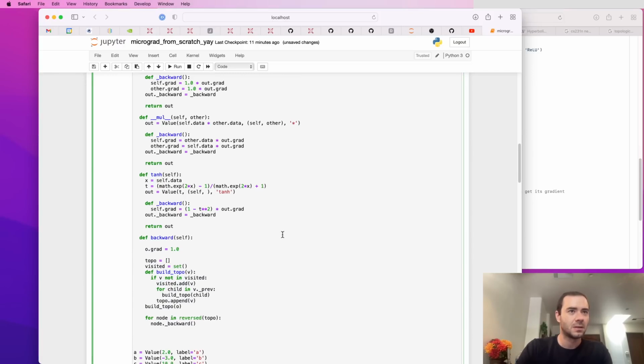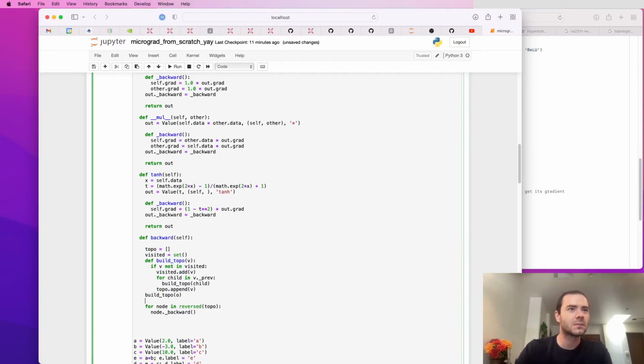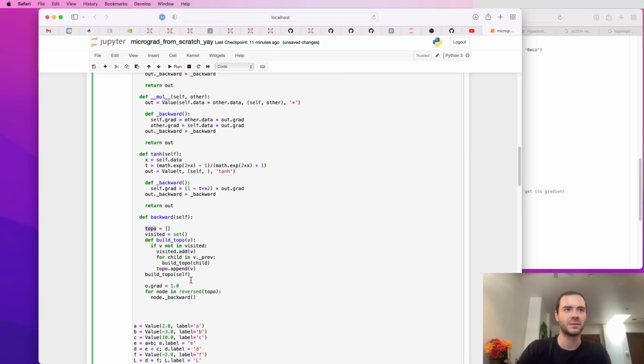We're first going to build a topological graph starting at self. So build topo of self. We'll populate the topological order into the topo list, which is a local variable. Then we set self.grad to be 1. And then for each node in the reversed list, so starting at us and going to all the children, ._backward. And that should be it.